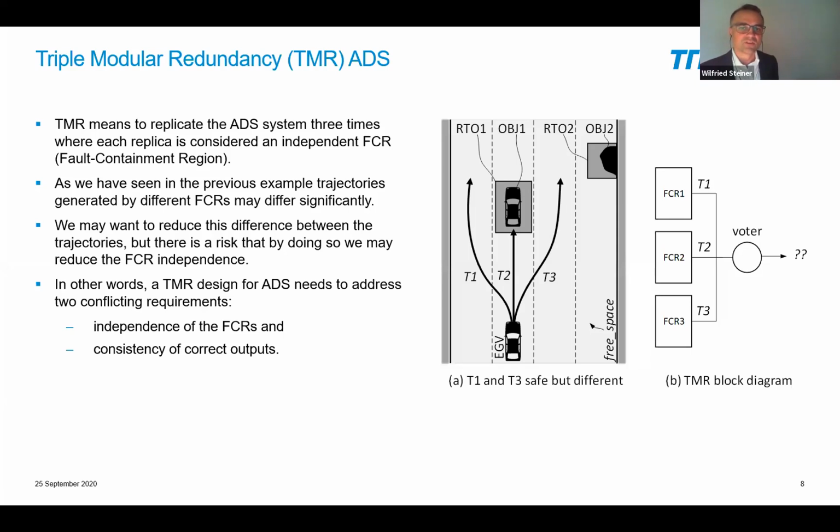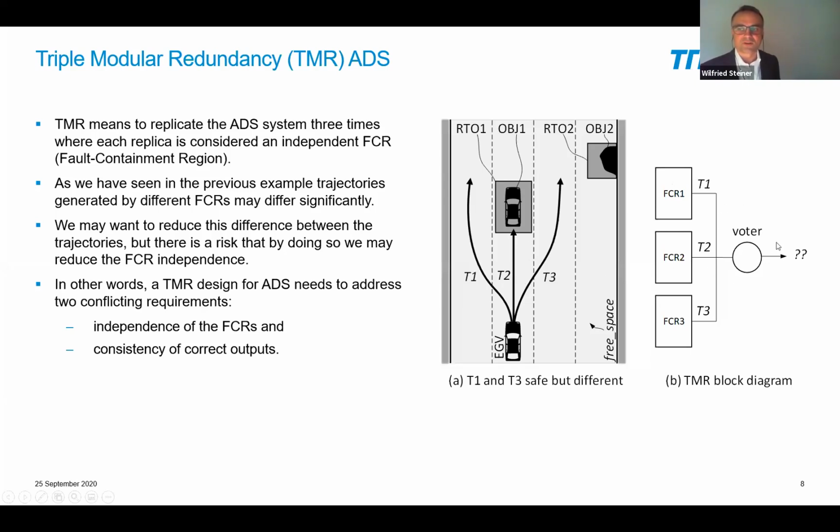The big issue is that replica non-determinism causes the output to differ even though the fault containment regions may be operating correctly, like let's say fault containment regions 1 and 3. So as you see again, trajectory 1 and trajectory 3 are still safe. Only trajectory 2 is unsafe.